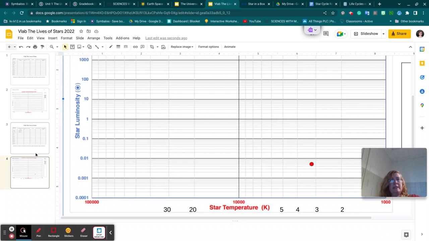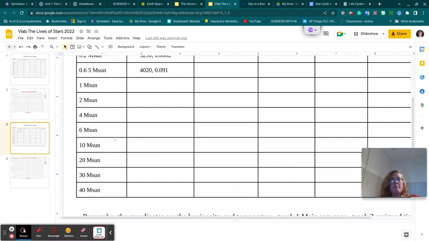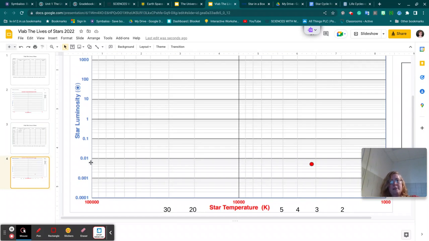Now I'm going to go get my next number. Okay, 4,020 and 0.09. So 0.09 is going to be almost on that line, 0.1, 0.09. So it would be almost basically touching that line by the time I draw the circle, and 4,020.